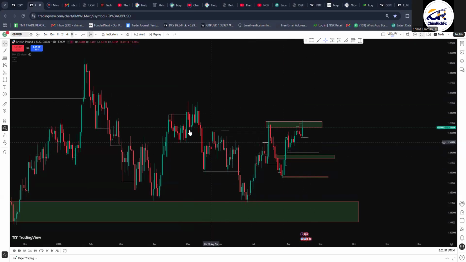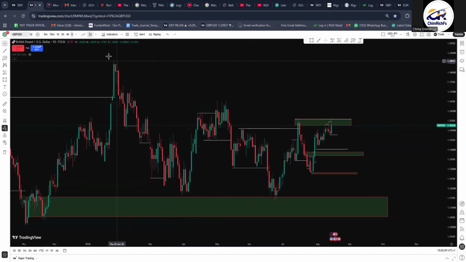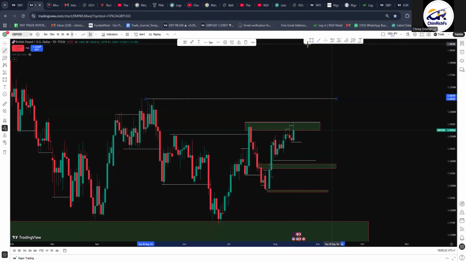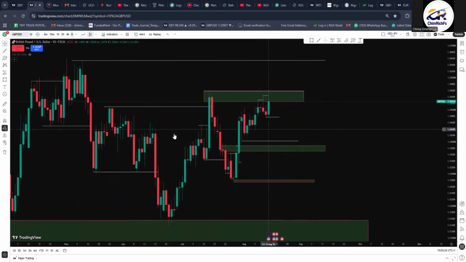Just a few observations. Now we have this high, and the next high is this, and we have this. So if price is not able to break this high, then there's a tendency that we can be looking out for a bearish market, but there still needs to be a confirmation to that.